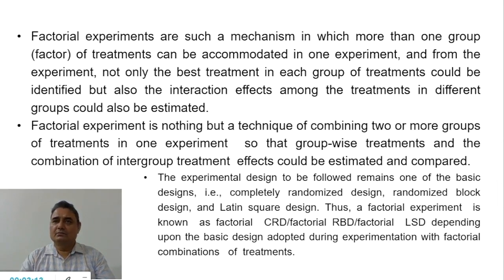And from the experiment, we are able not only to find the treatment in each group of treatments, but also the interaction effect among the treatments in different groups could be estimated.